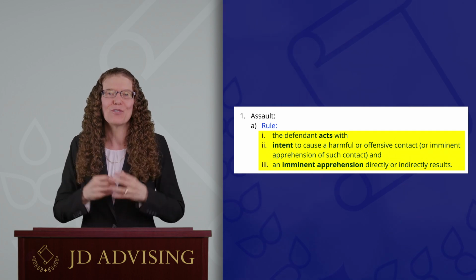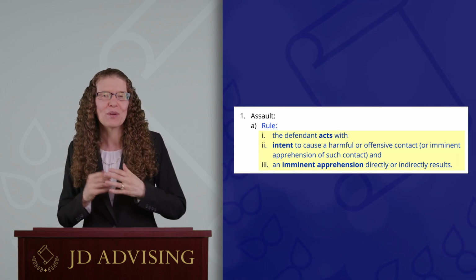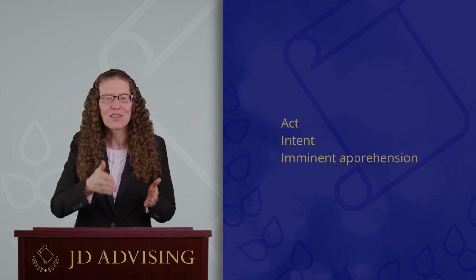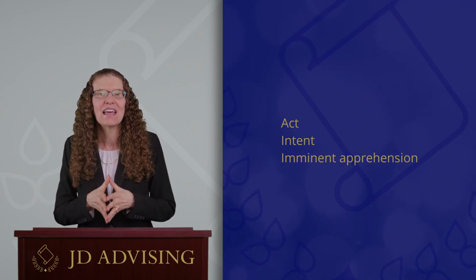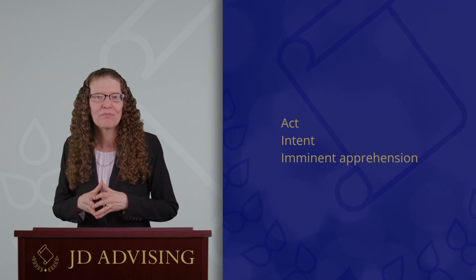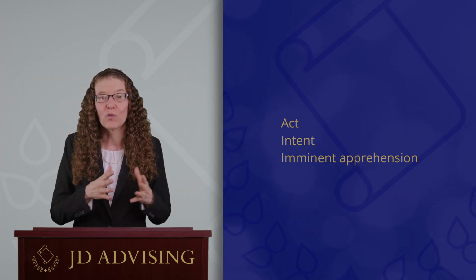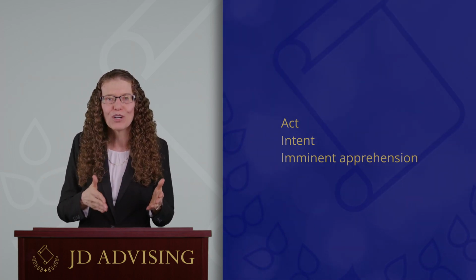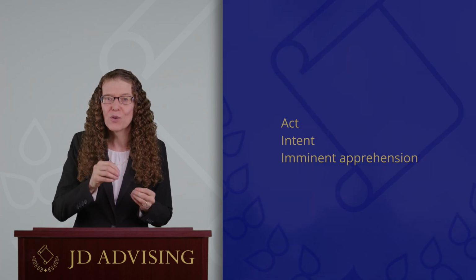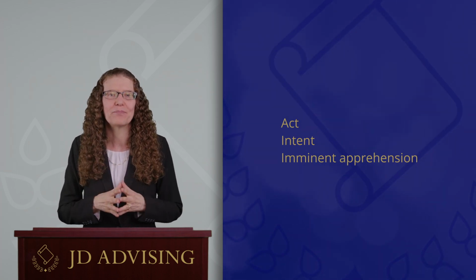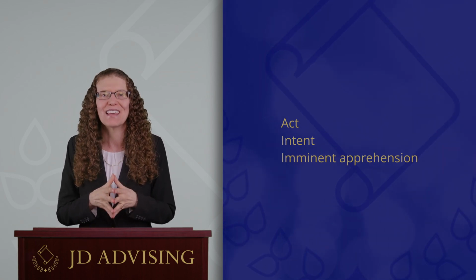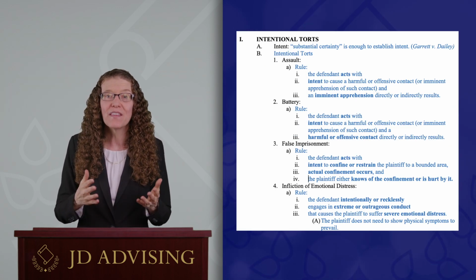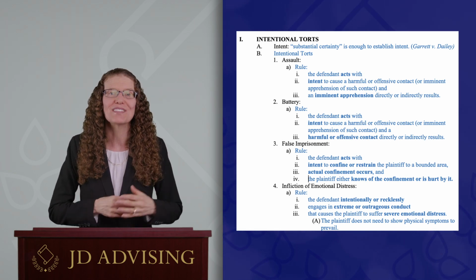This is easier for your brain to digest and remember because the rule is broken up into 3 key elements: act, intent, and imminent apprehension. Even if you don't remember the rest of the rule word for word, you will be able to remember those 3 key elements. And that is important because that is what you are going to need to write on the exam. You can see that we have done this with each of the intentional torts.